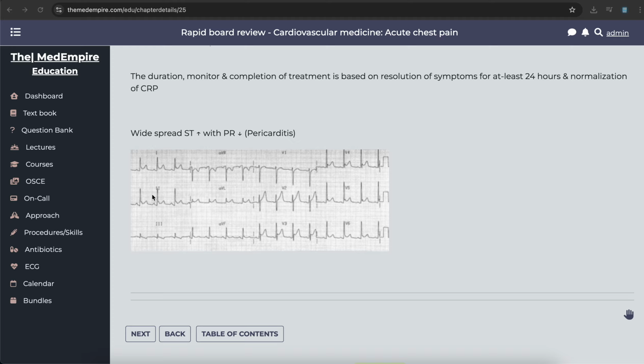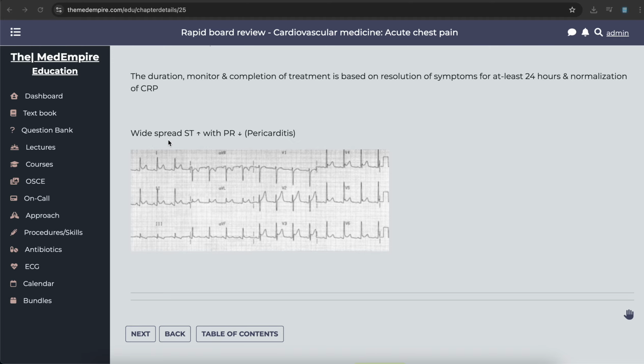And as you can see, there is PR depression here, except in AVR and V1. Here is not very much in V1, but you can see here that the PR is elevated. So widespread ST elevation with PR depression on all leads, except AVR and V1.